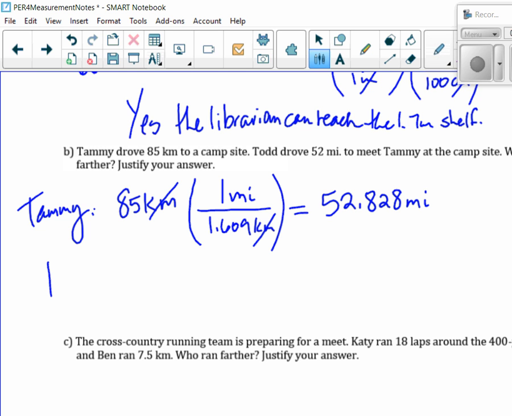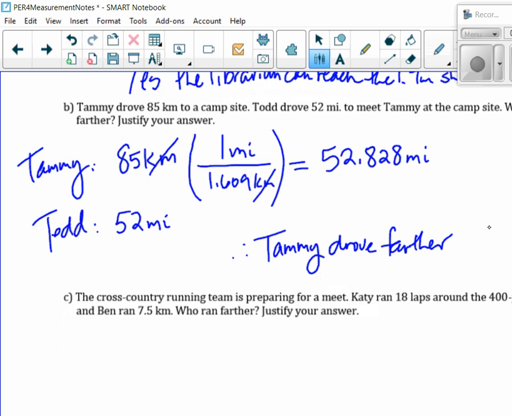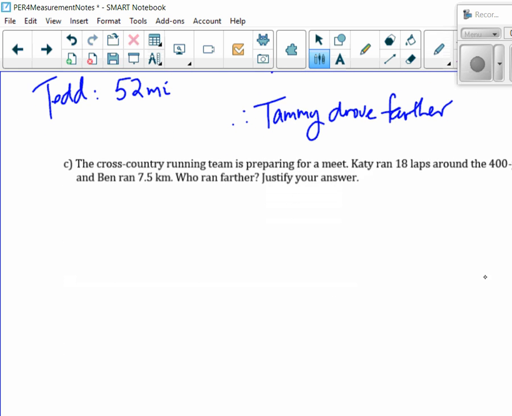And Todd was 52 miles. So Tammy drove farther because she drove 0.828 miles more. Therefore, Tammy drove farther. So as long as you have the justification to show that Tammy drove farther, then it's fine. So again, I could have converted Todd's miles to kilometers and see the same thing.